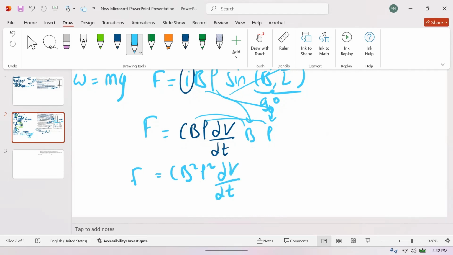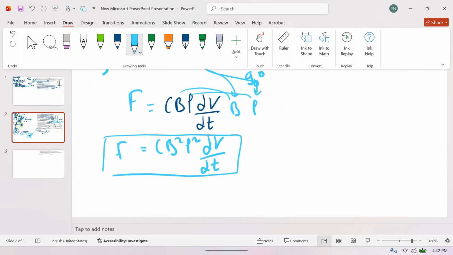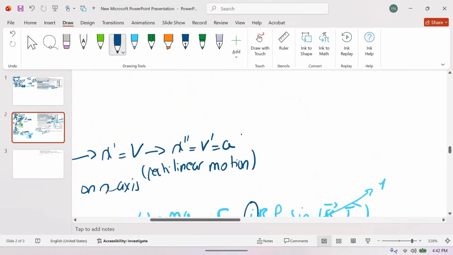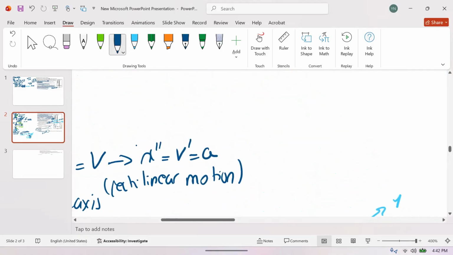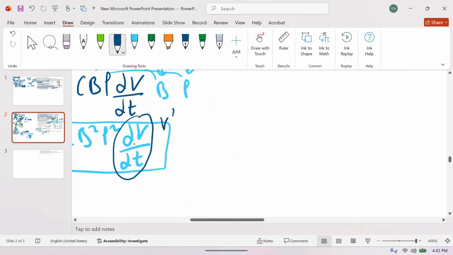Now you might ask me, why are you solving this? They gave us this expression in the given. You are right, but they cannot give you this expression, okay? Because F has a formula and you're supposed to know it. It's either Laplace's law or Lorentz. Now, dV over dt, it's V prime, the derivative of V, okay? And I just said right now that the derivative of V is the acceleration, or it's x double prime, okay?